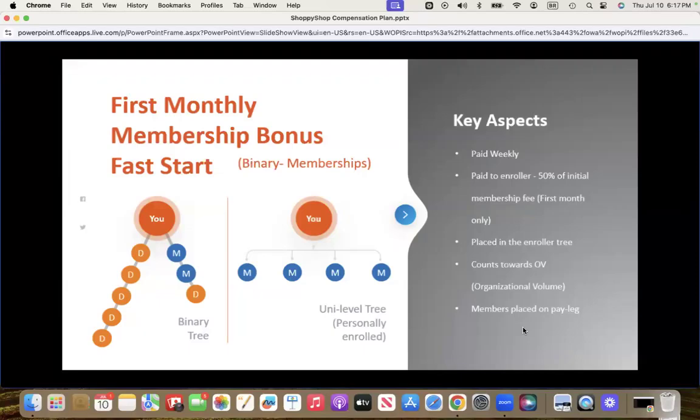So what we're really telling you is that if you come in for $59.95 and you bring in 2 people at $59.95, you've just paid for your investment into ShoppyShop. See how simple that is? Bring in 2 and your membership and your first month are paid for.